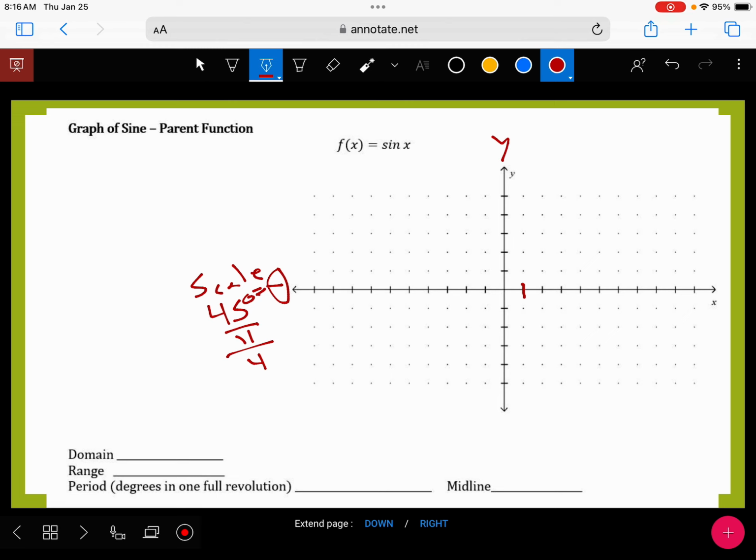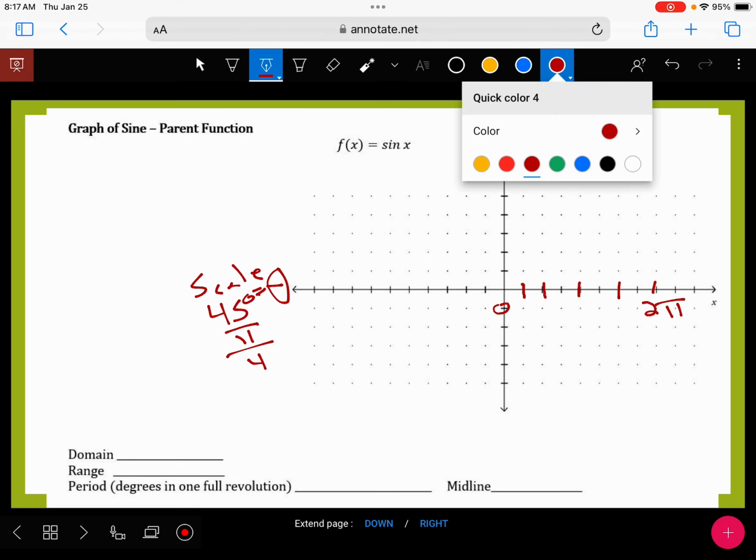So that's pi over 4, or 45 degrees, 90 degrees or pi over 2, 180 degrees or pi, 270 degrees or 3 pi over 2. And then right there would be 360 degrees, or 2 pi. So I'll label that one. Great.